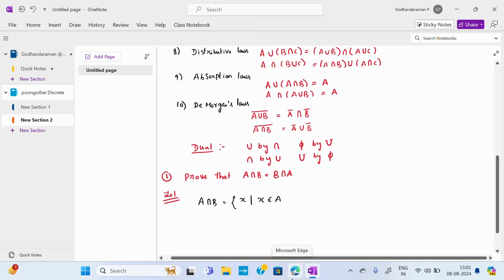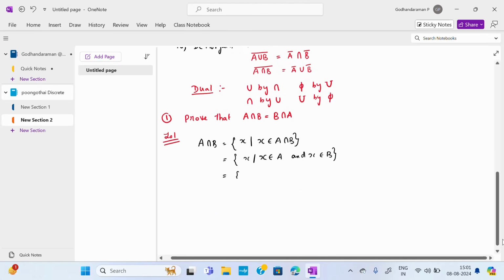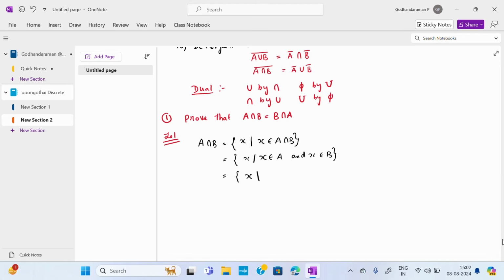So A intersection B. Next step I am going to separate it. Set of all x such that, intersection, we know the definition. It is set of all x, x belongs to A and x belongs to B. So I have separated and written. Now next step. I can change the order and write the second statement first and the first statement second.